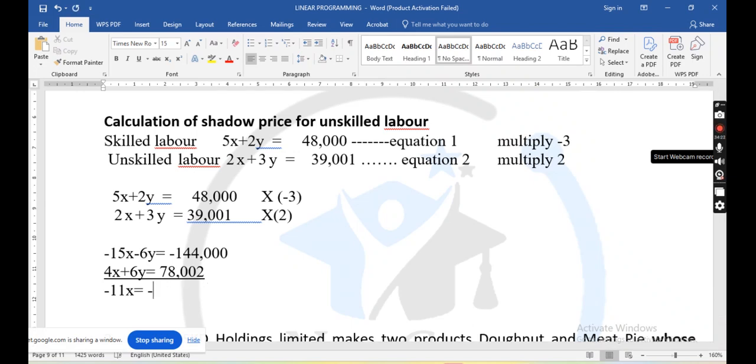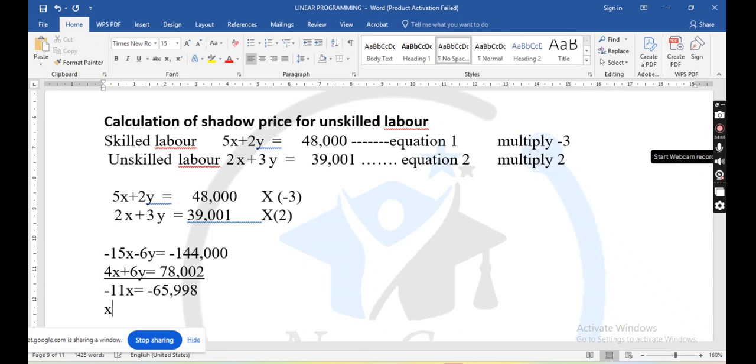What do you have? When you minus it, what do you have? That's minus 65,998. So what is your x? X is equal to what?